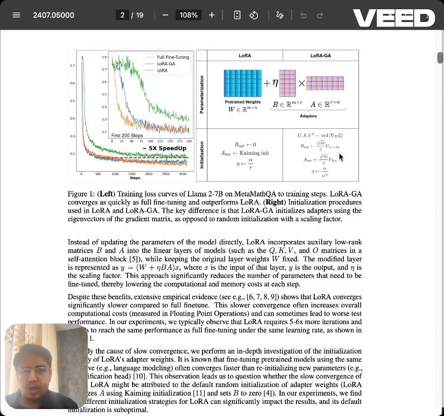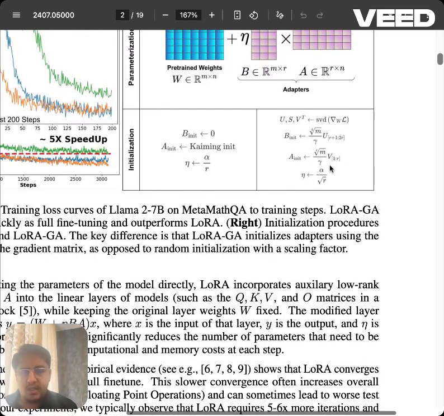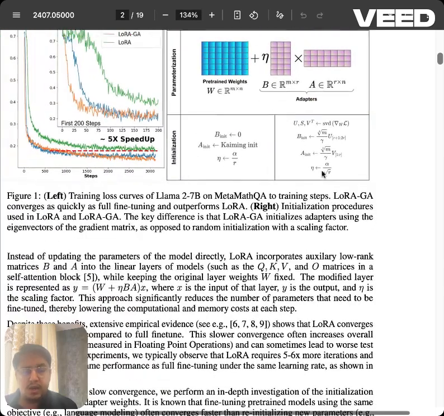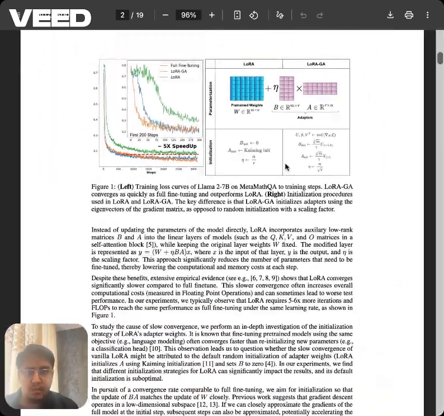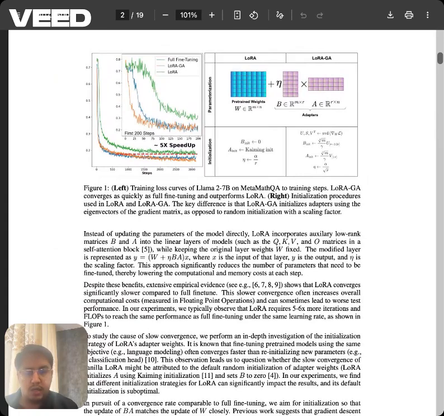This is what they've highlighted through the mathematics here in the initialization part of things as well. And a different scaling factor, of course, which is proportional to 1 by root of r instead of 1 by r. Another important mathematical caveat that we'll end up discussing as we move to the mathematical breakdown of this paper.